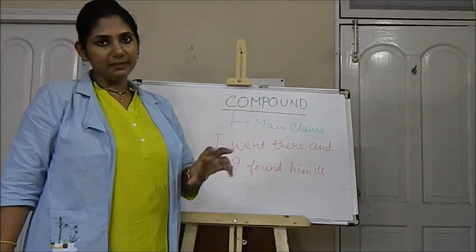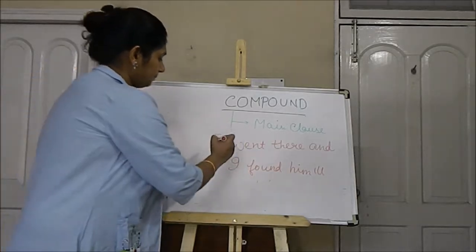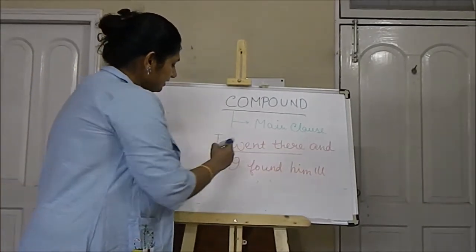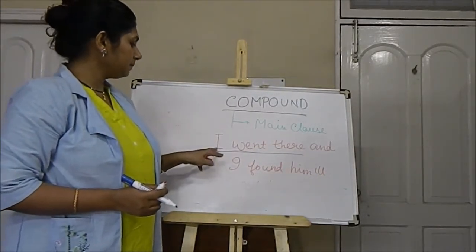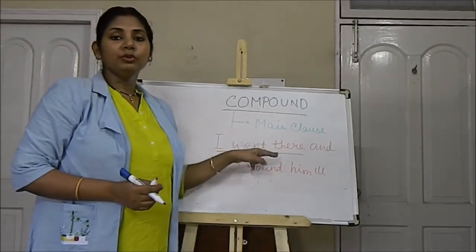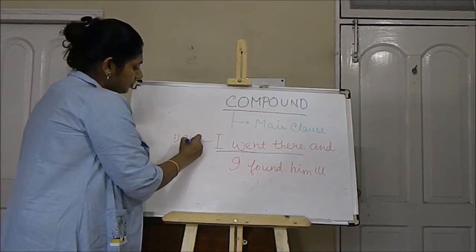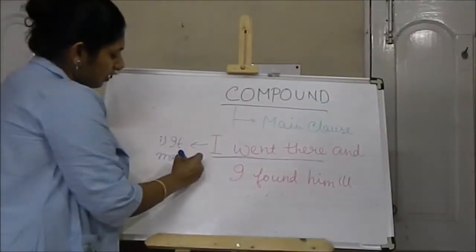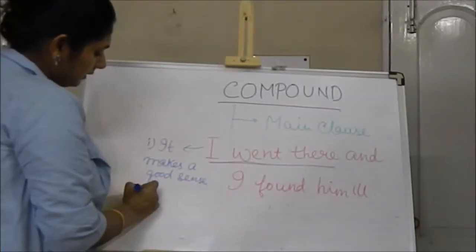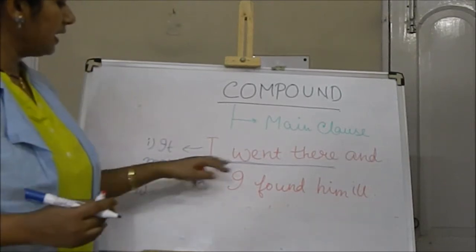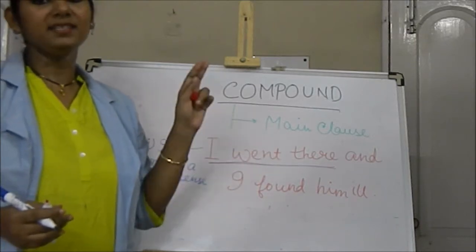That's why we have called that part a clause. Now take a look at the first part first. For this part I am saying, number 1, it makes a good sense. Number 2, it can stand by itself as a complete sentence.